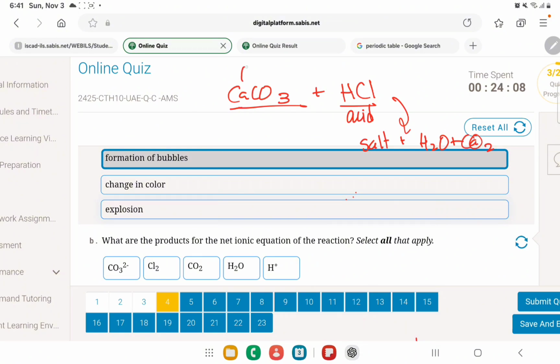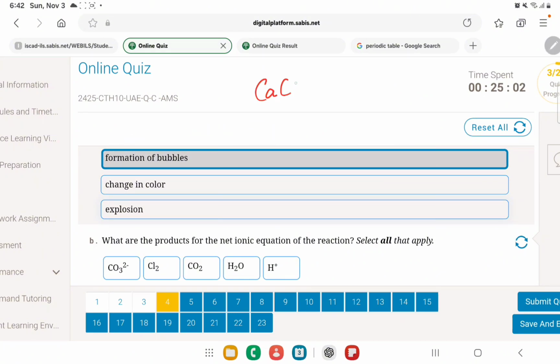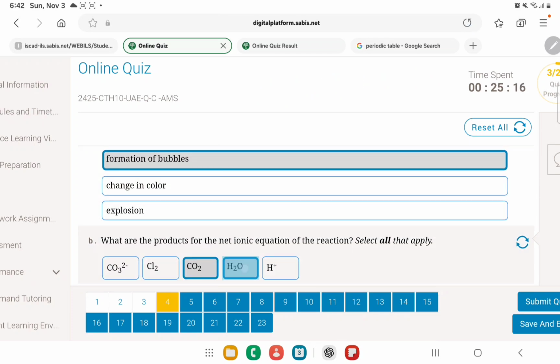The salt would be CaCl, then H2O, and then CO2. Which one of these are in the options? Not this one. Water, carbon dioxide, and that's it. So it's these two.